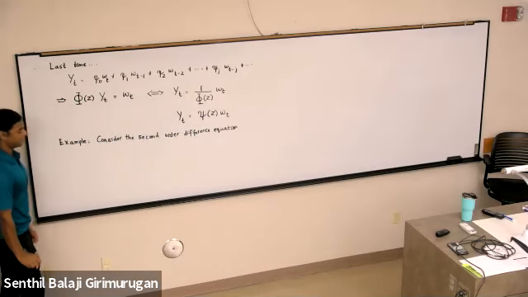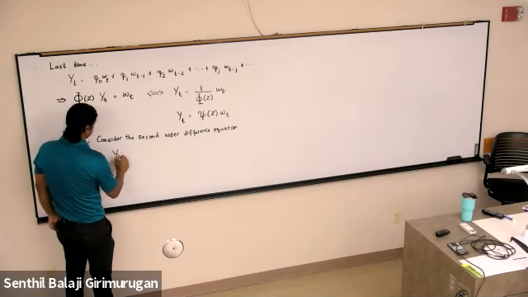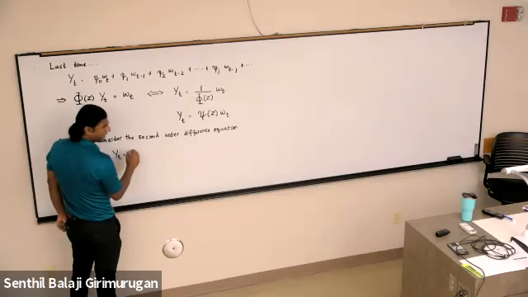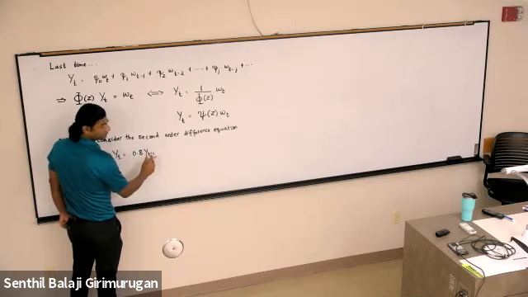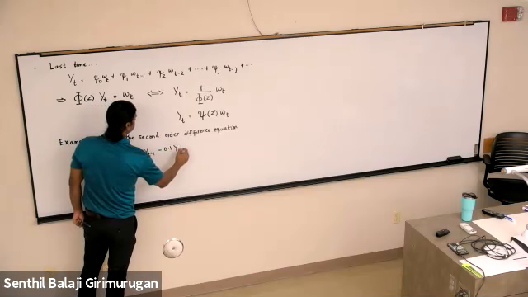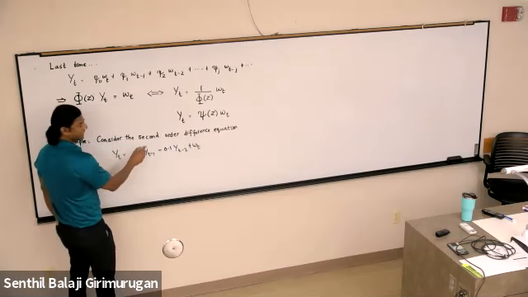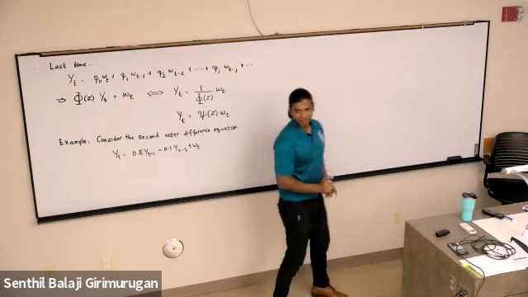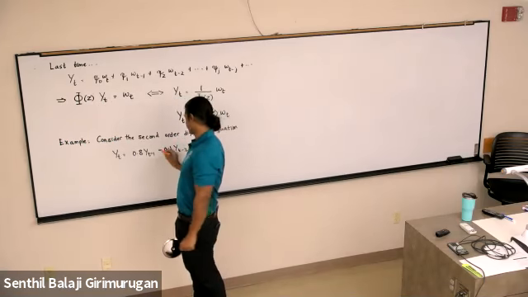I believe it was yt was 0.8 yt minus 1 minus 0.1 yt minus 2 plus wt, or was it 0.8 plus 0.1? 0.8 plus, okay.